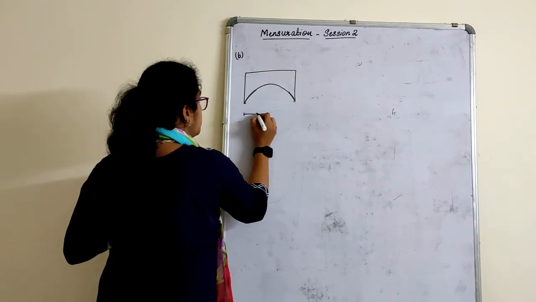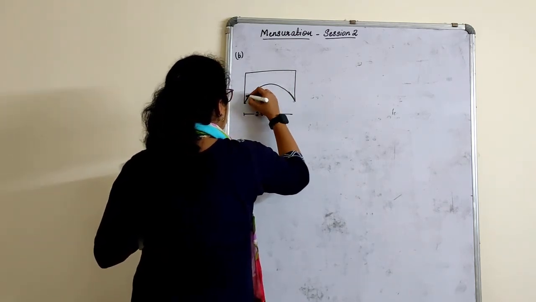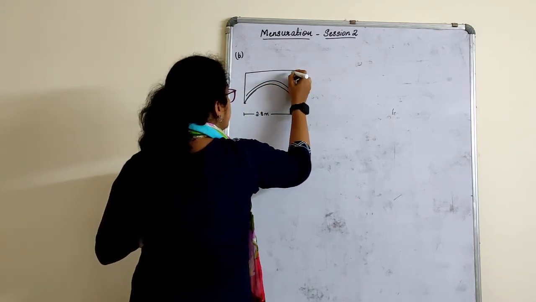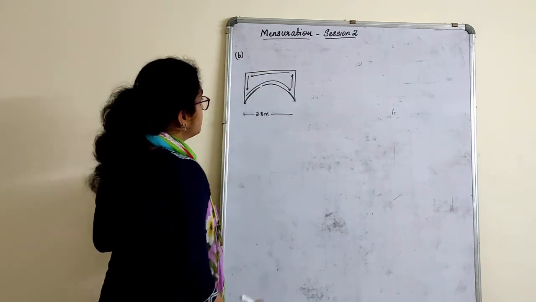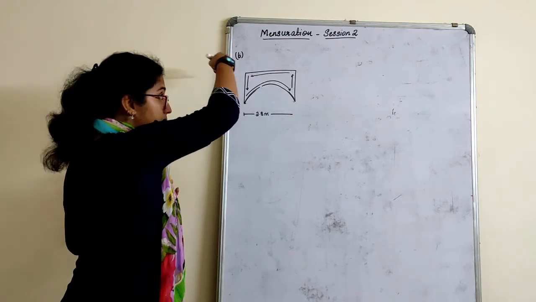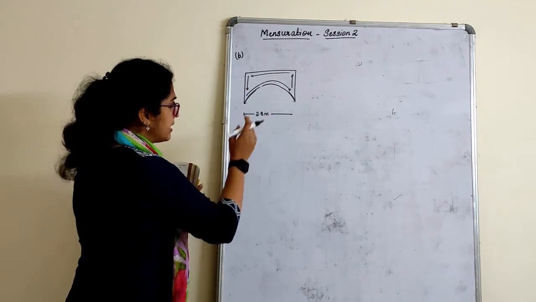So this measurement is 2.8 meter. That means the ant is moving in this direction, then this direction, then this direction, then this direction. That means it is taking half circumference plus this length. Another way, okay, use it as it is given.